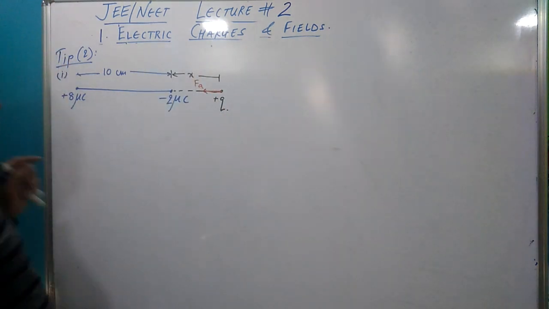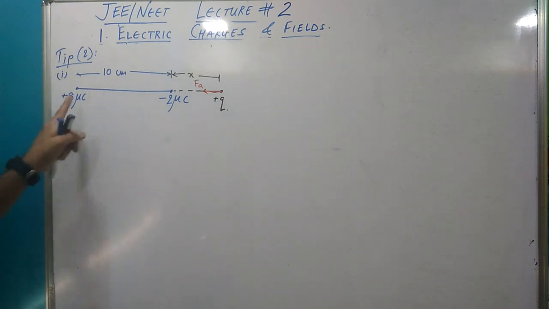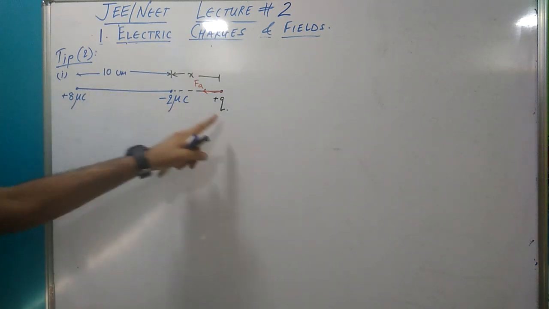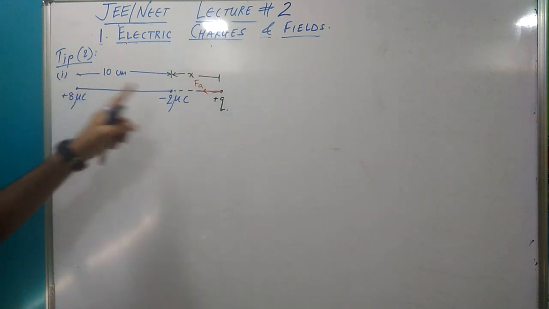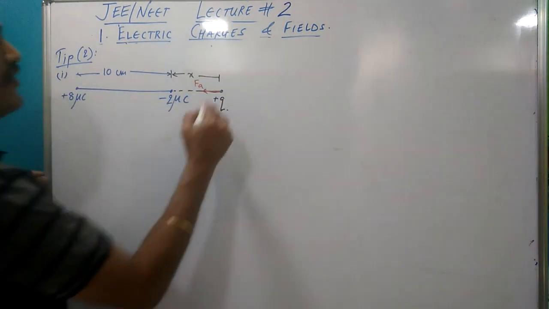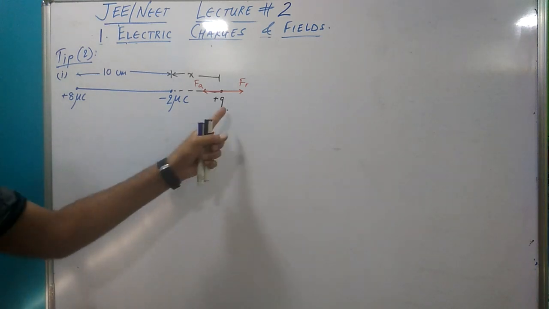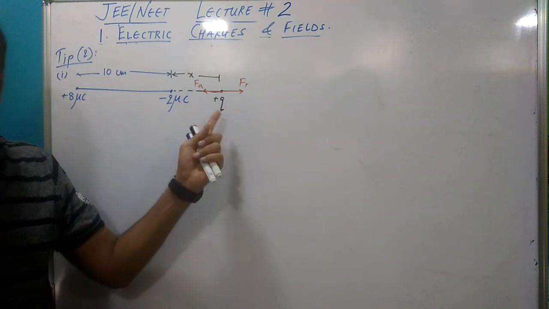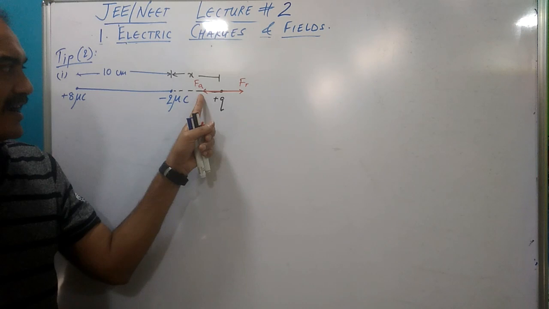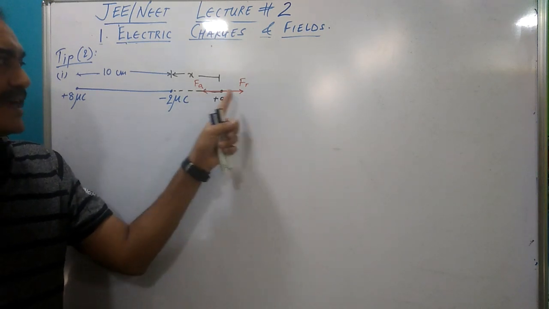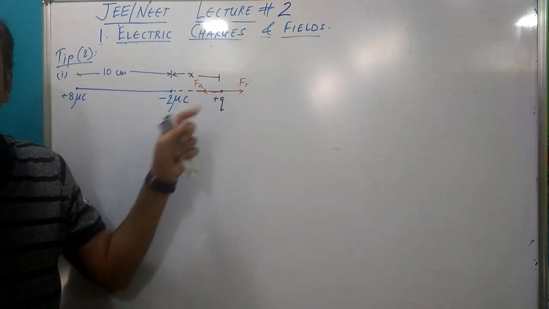F attractive. Whereas the force between plus q and plus 8 is going to be repulsive in nature. So plus 8 is going to push plus q away from it. So you can see plus Q is acted upon by two forces, one attractive, other repulsive. You can see they are opposite to each other.